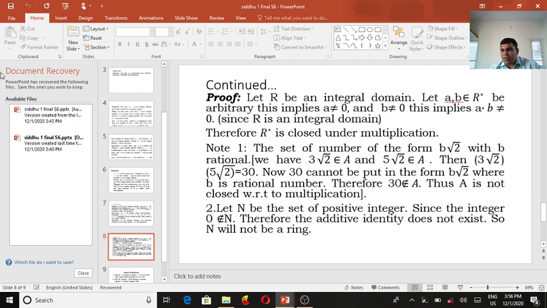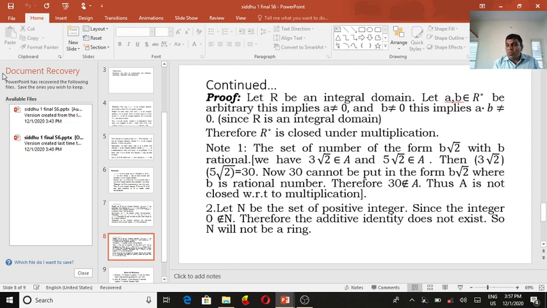So I take the product 3 root 2 into 5 root 2, which is 30. Now 30 cannot be written in the form of b root 2, where b is a rational number. Therefore, 30 does not belong to A. Thus, A is not closed with respect to multiplication.